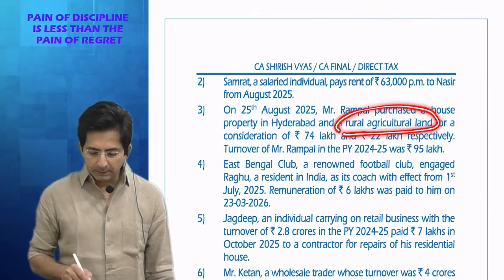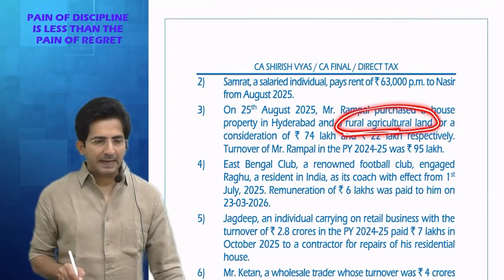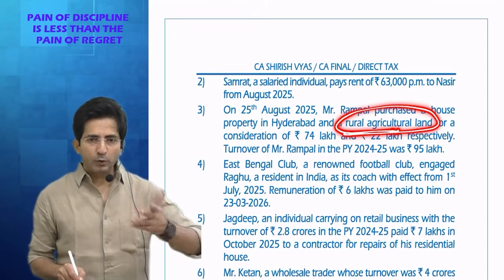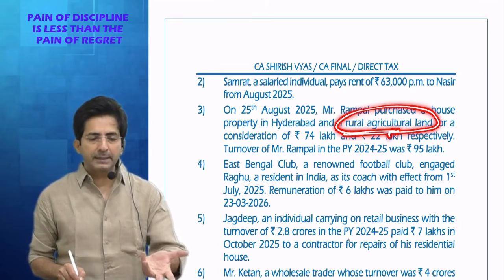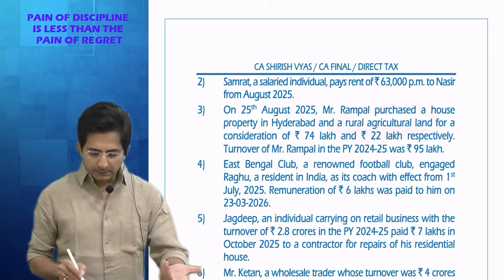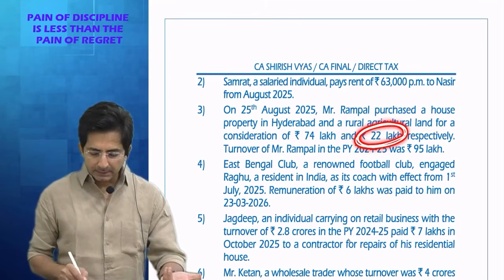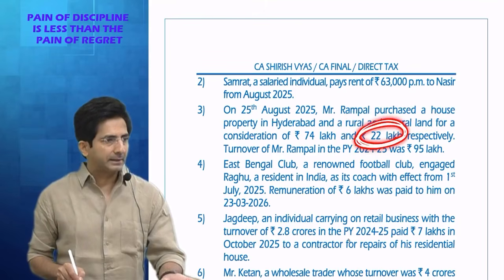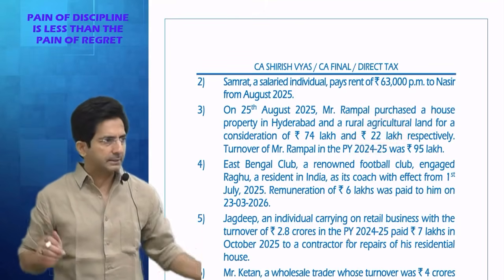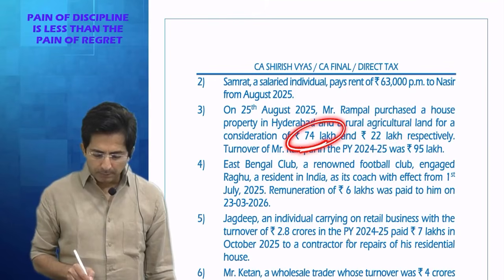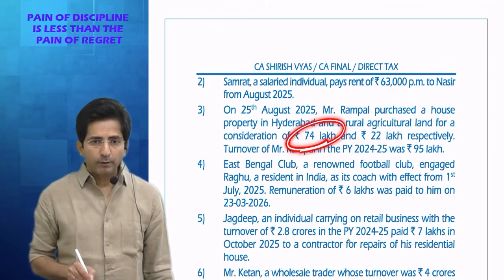But for rural agriculture land, TDS doesn't attract because sale of rural agriculture land is exempt from capital gains, and for anything exempt, TDS is never applicable. Plus, there is one more reason: the transaction is anyway not crossing 50 lakhs, it's less than 50 lakhs. But even if it had been 50 lakhs or more, on rural agriculture land there is no TDS. Only on purchase of the house, TDS will apply at the rate of 1%.